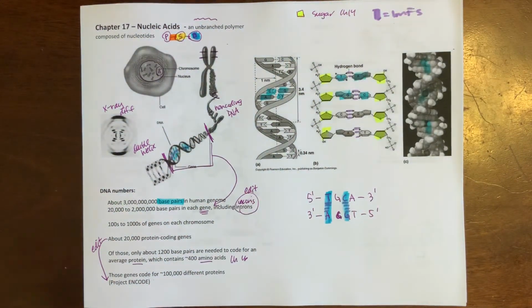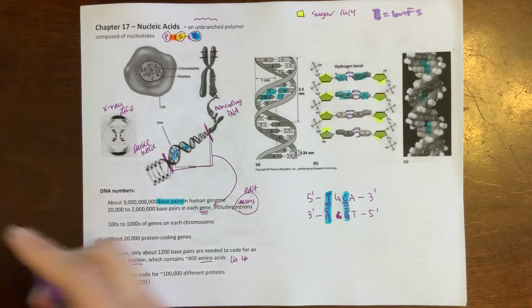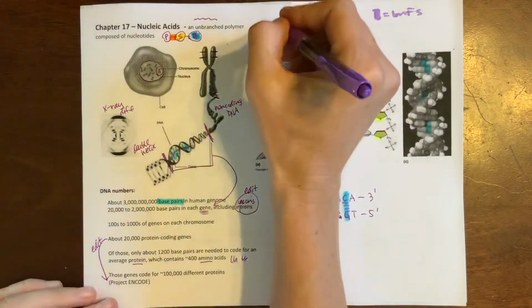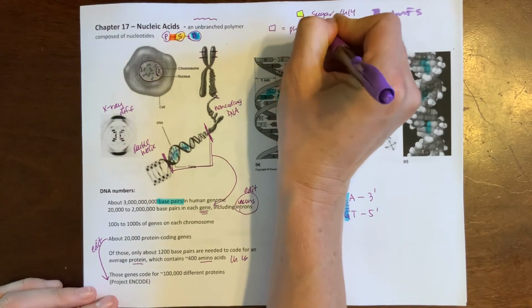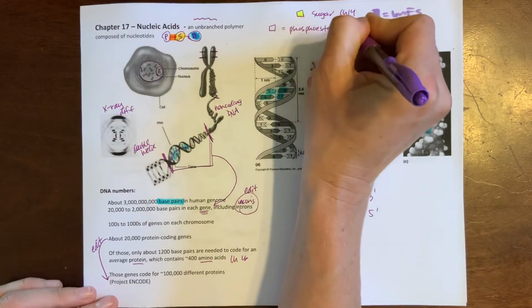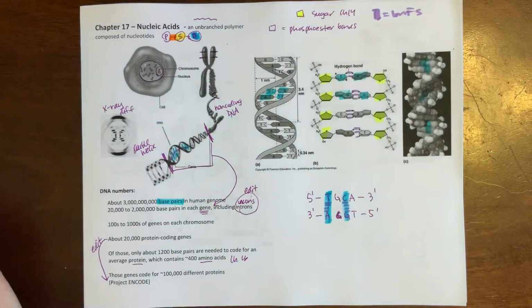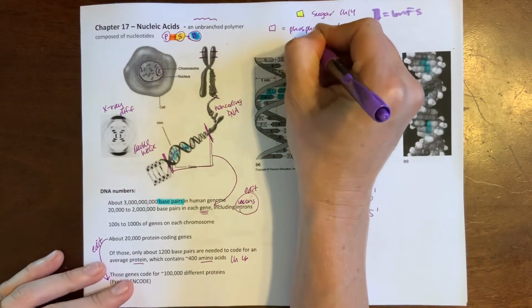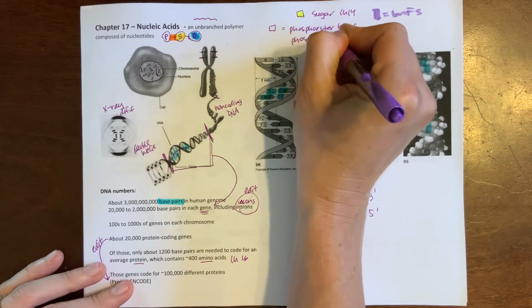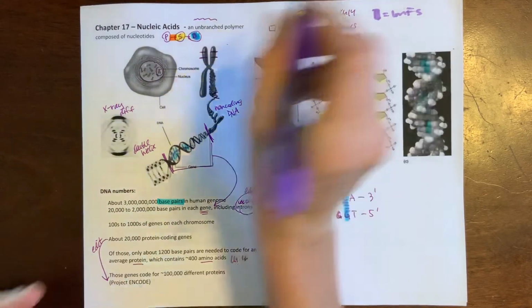And then we also are going to look at, with orange here, something called phosphoester bonds, or phosphodiester bonds. We'll see those in more detail.